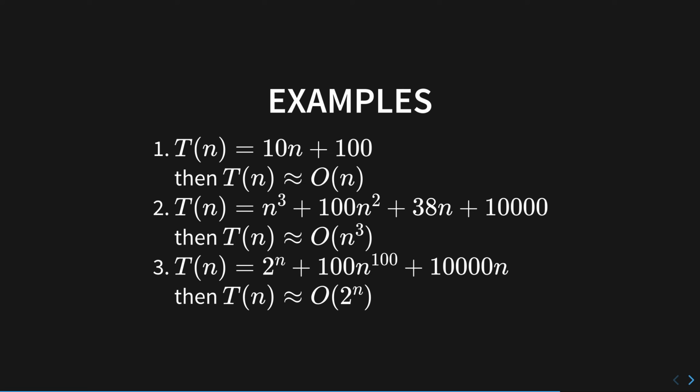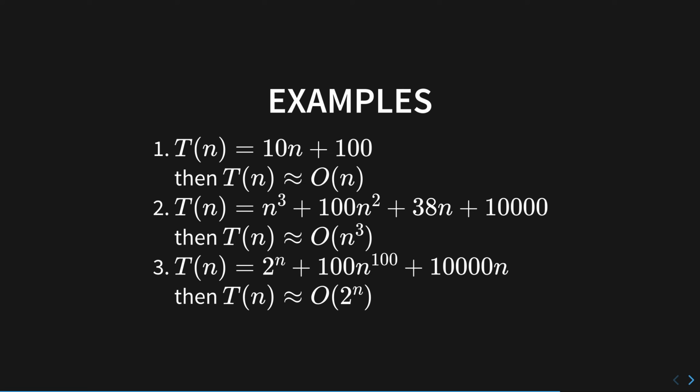Example 2: we have n cubed plus 100 n squared plus 38n plus 10,000. Let's use the polynomial rule real quick and cut it down to n cubed. Pretty straightforward. Finally, we have T of n equals 2 to the n plus 100 times n to the 100 plus 10,000 n.